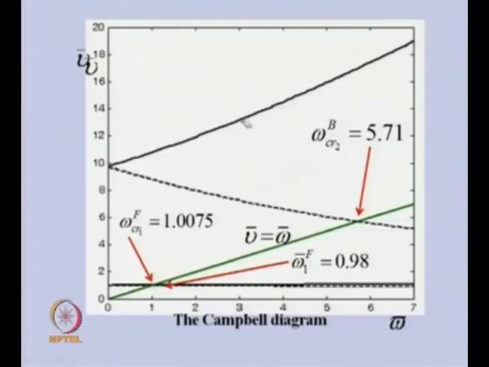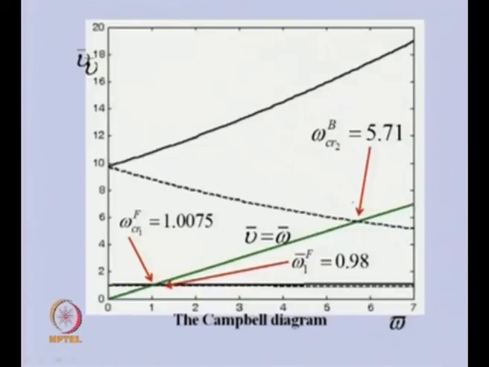For the second, this dotted one is the second backward, which was feasible, but this line is not intersecting the second forward whirl, and this is evident from here. We will not get the roots because they are not intersecting, so that is not feasible.